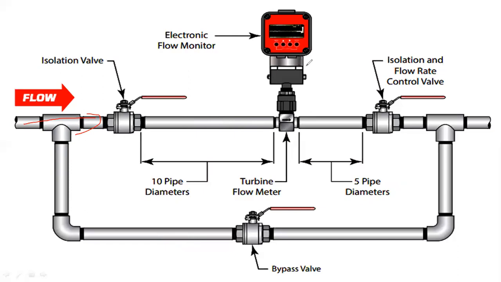We adjust the isolation valve to control the flow rate, and the turbine flow meter speed is controlled.